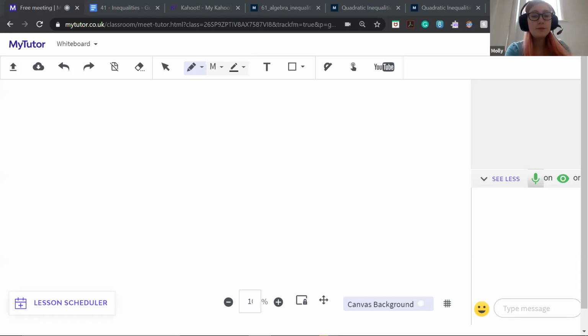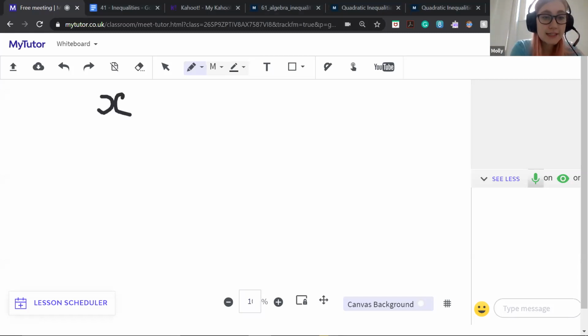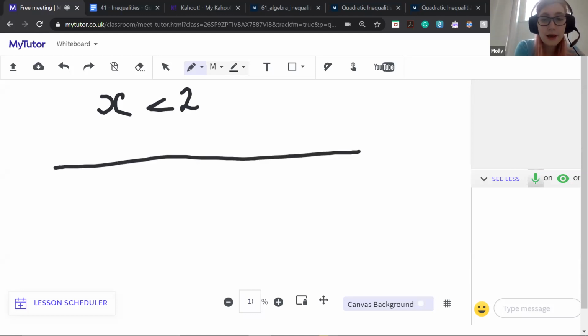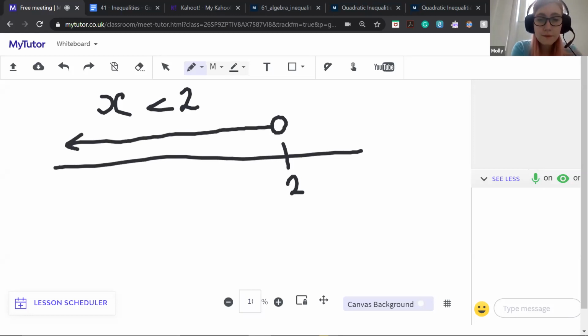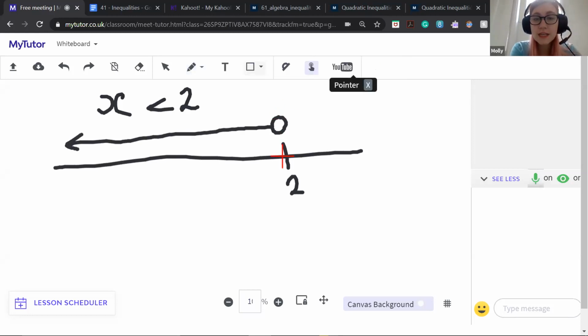So for example, the inequality x is less than 2, as I just said, we represent that by having a number line, we mark 2, and then we say it's less than 2. So it's an open circle, which means it can't be equal to 2. We call this a strict inequality because it's strictly less than. And then it's anything that's less than 2. So x can be anywhere along that line, tending right down into infinity.